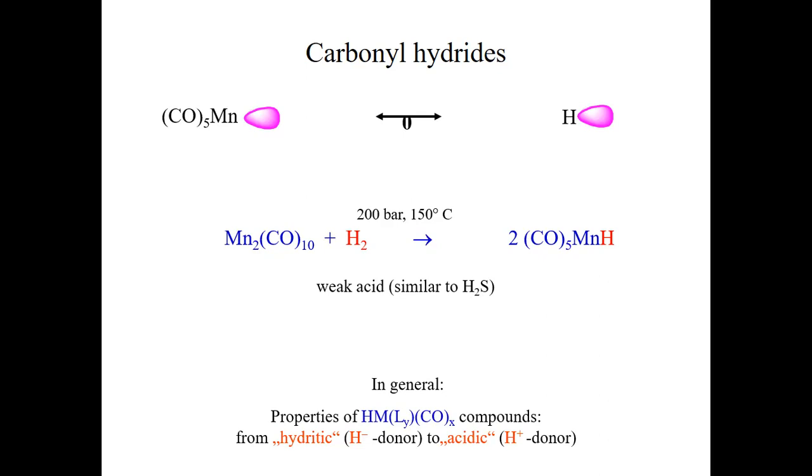Okay, these ligands can be carbonyl ligands, but you can also have other ligands. So for instance, a phosphine ligand and other ligands that influence the energy of the HOMO of the organometallic fragment, which then regulates the acidity of the respective carbonyl hydride.